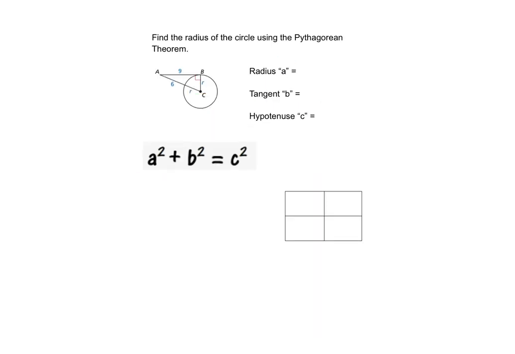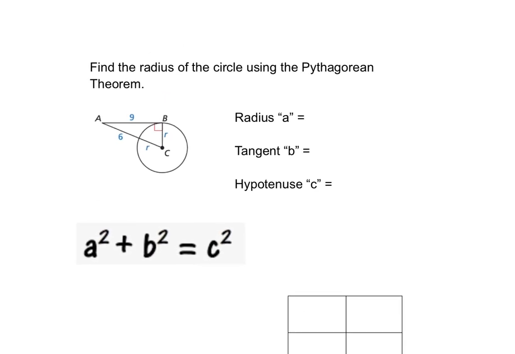Okay, so let's look at one more example here. Here's our diagram. Our radius, again, doesn't have a value, it's just r. Our tangent value is 9, that's the one on the outside.